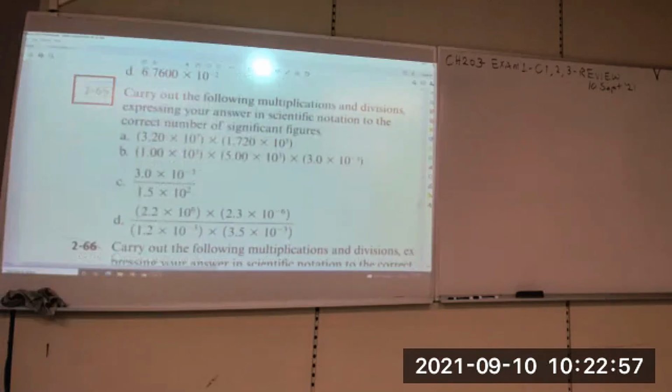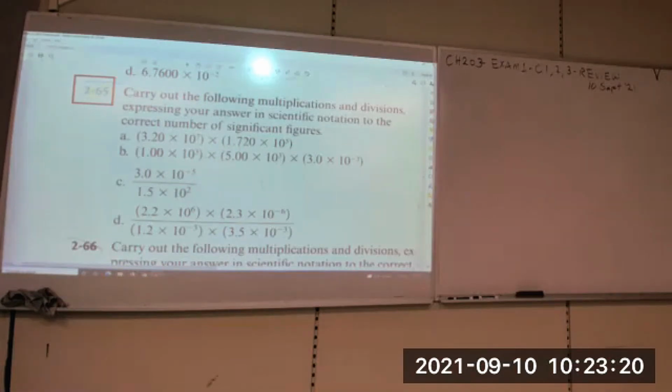Let's see, operations. Correct numbers, significant figures. Okay, all of these are multiplication and division. That's good. So what would you do with your calculator?